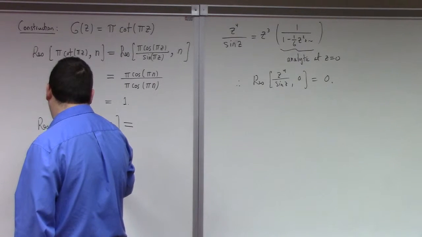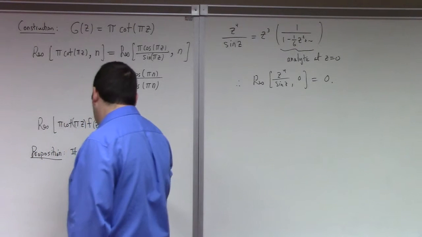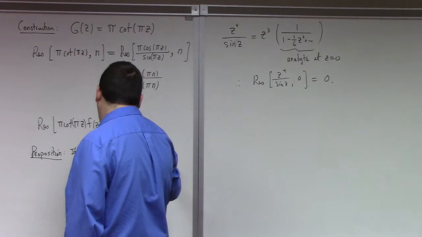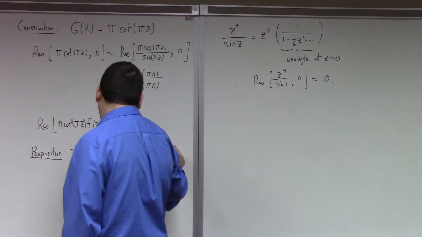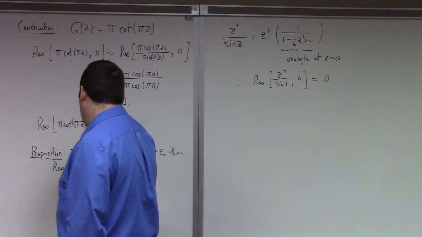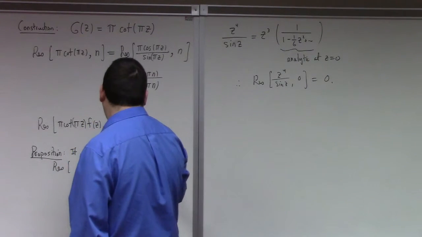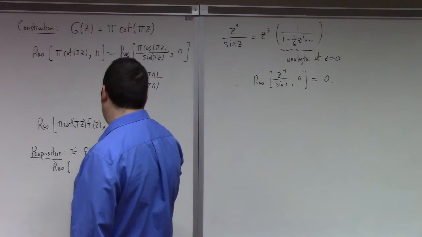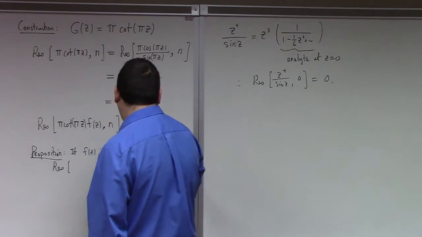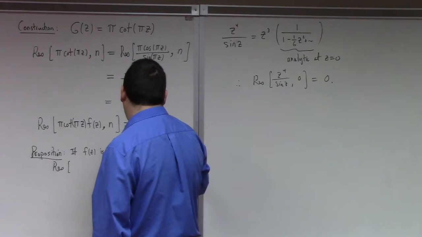If f of z is analytic at z equals z naught, then the residue of... well, I need more than that. I need f of z analytic and what else to make it simple? f of z naught is, say, not equal to 0.